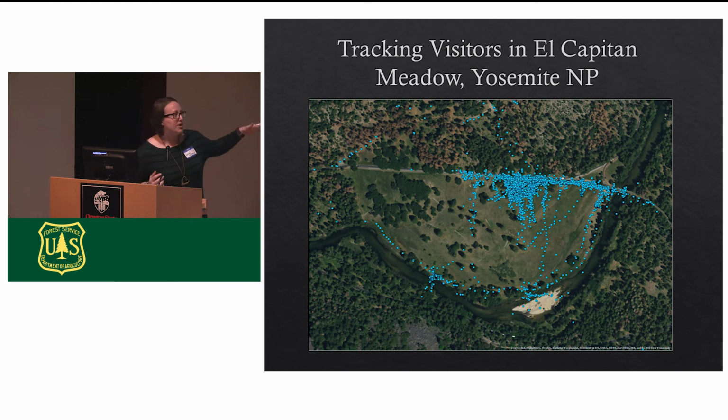All those little blue dots are different recreationists that have hiked off trail in this meadow in Yosemite National Park, and you can start to see patterns of use. You can see where most of the use is occurring, and if you look at the western side of this meadow, you can see very little use happening there, right? These patterns can help us begin to understand where we might see recreation impacts to either vegetation, soils, or wildlife.